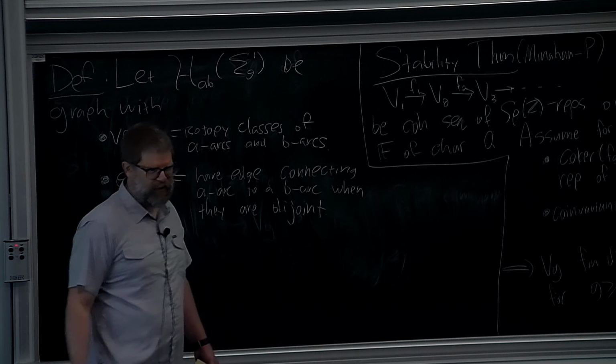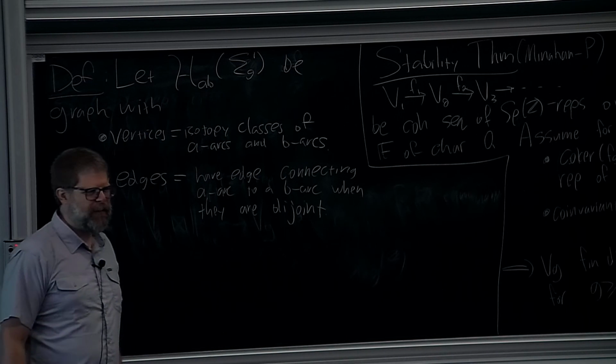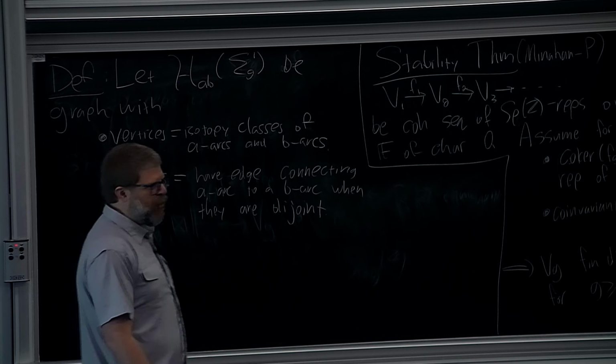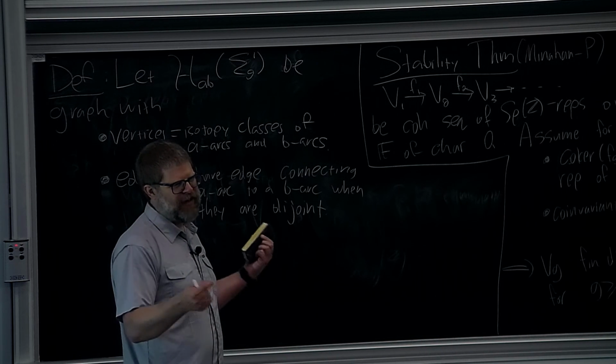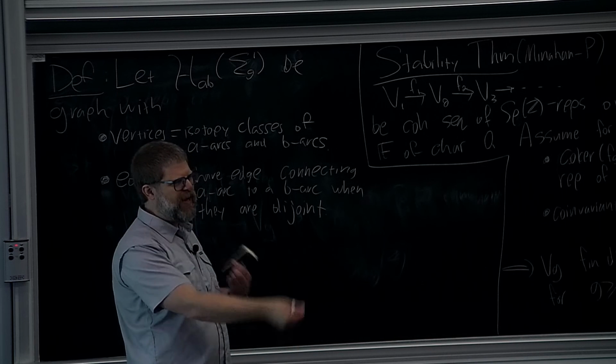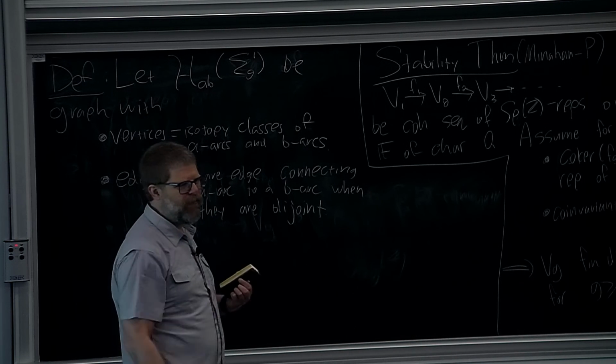Should remind you of a curve complex type object if you've seen that before. So we don't connect any two A arcs. Those are never connected by an edge. We only connect an A arc to a B arc, and we connect them if they're disjoint.